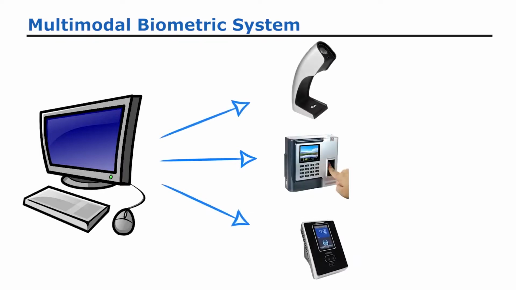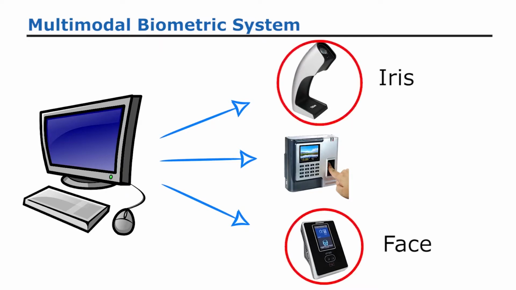Multimodal biometric system. A multimodal biometric system fetches the input from single or multiple sensors measuring two or more different modalities of biometric characteristics. For example, a system combining face and iris characteristics can be considered for biometric recognition, and this is called multimodal regardless of whether face and iris images were captured by the same device or different devices.